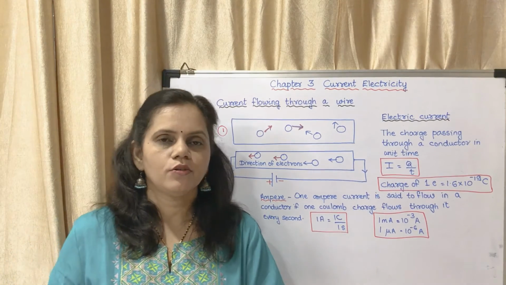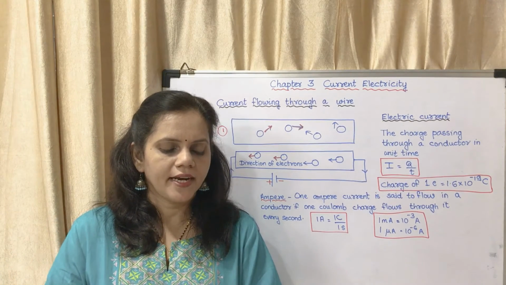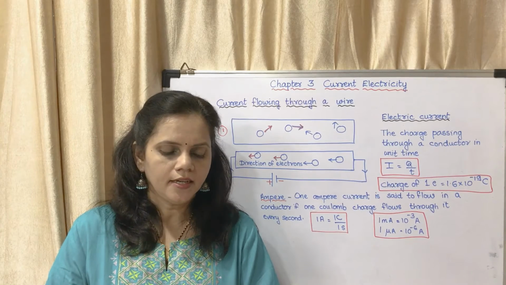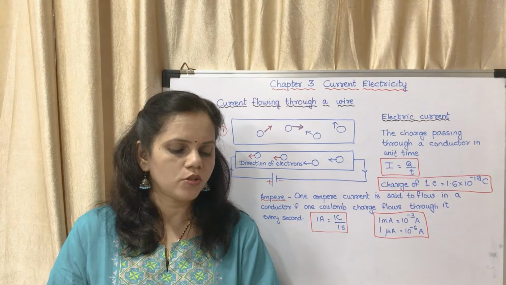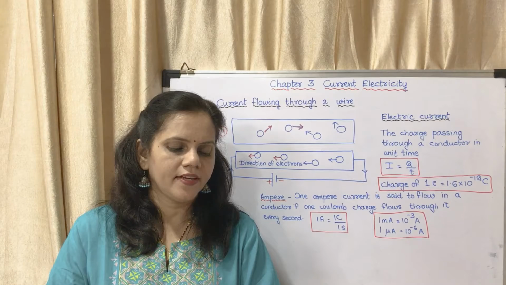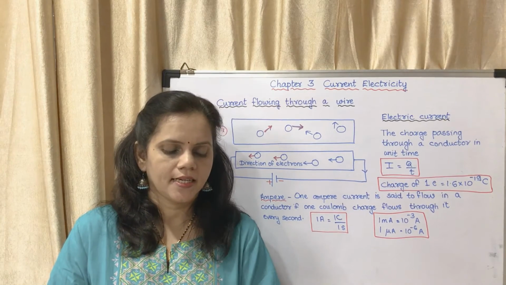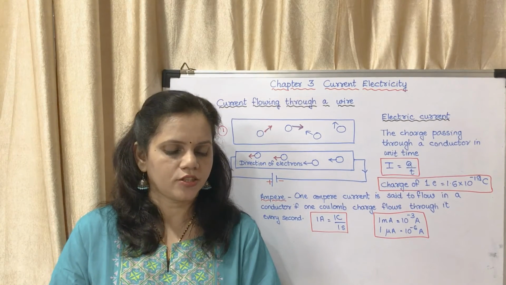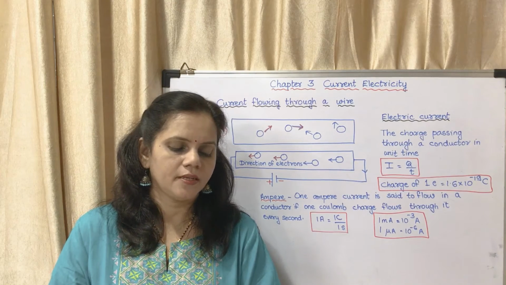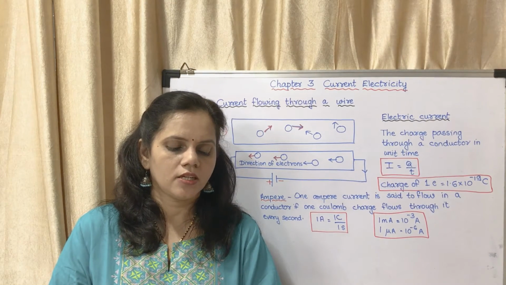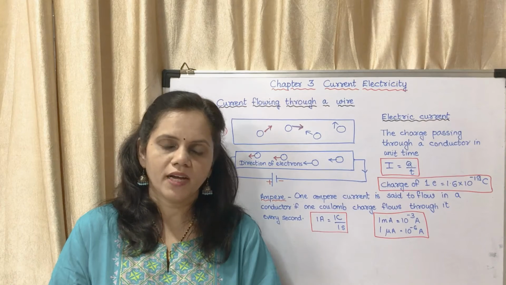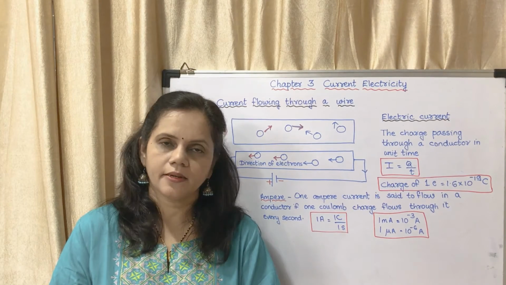Page number 32, free electrons. Every atom of a metallic conductor has one or more outermost electrons which are very weakly bound to the nucleus. These are called free electrons. As shown in figure 3.3, these electrons can easily move from one part of the conductor to its other parts.